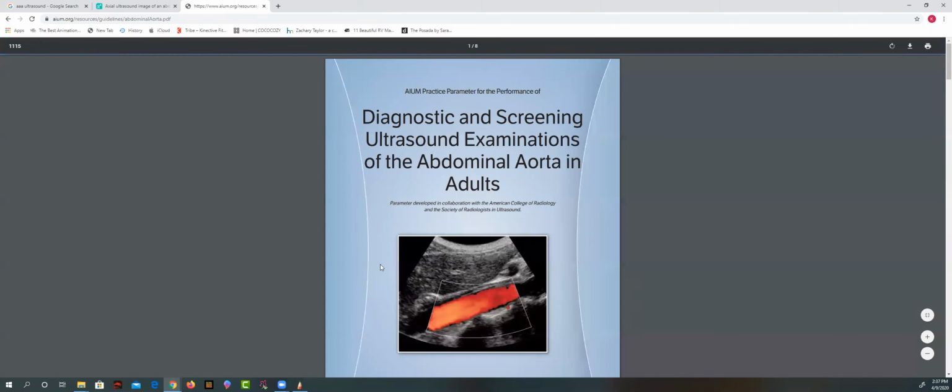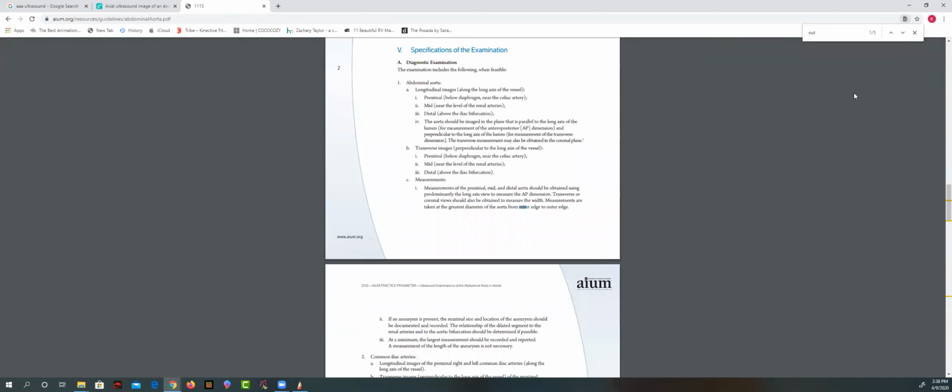AI button. Go to the experts. Measurements are taken the greatest time running outer edge to outer edge. Thank you. Okay. Good.